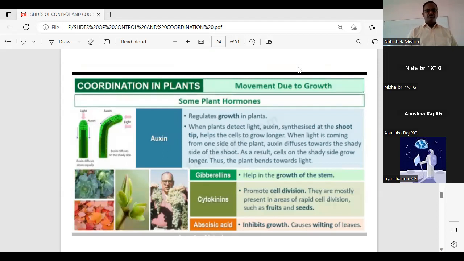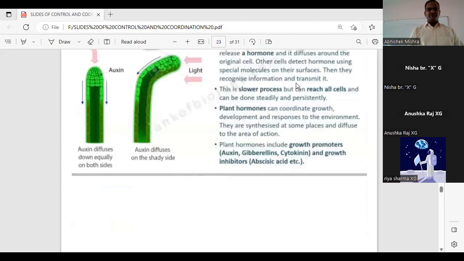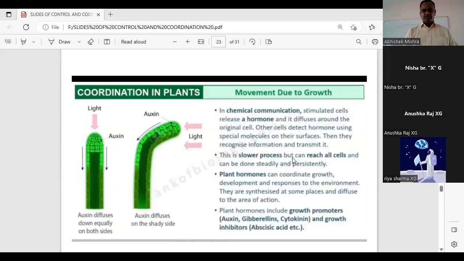Okay, good. So can anyone explain to me this phenomenon which you are seeing over here?